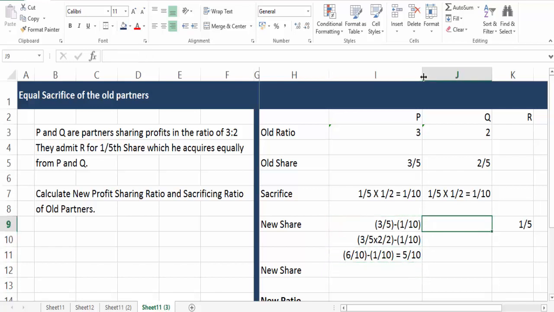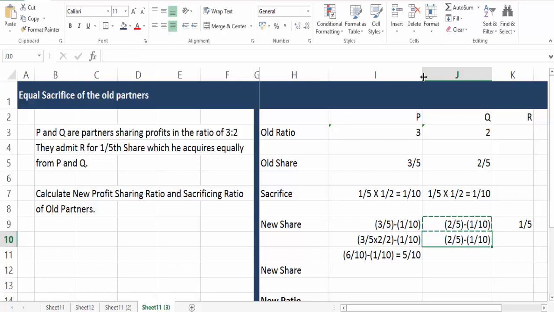What about Q? We know the existing profit share of Q is 2/5 minus the sacrifice, which is 1/10. Now we can't simply subtract because the denominators are different. So what should I do? With this 2/5 I have to multiply by 2 and divide by 2 so that the denominator will be 10.